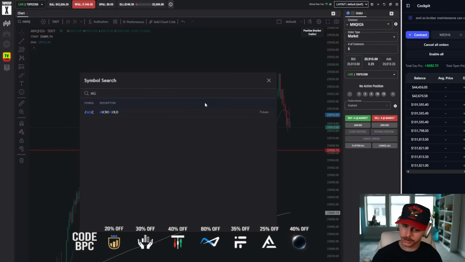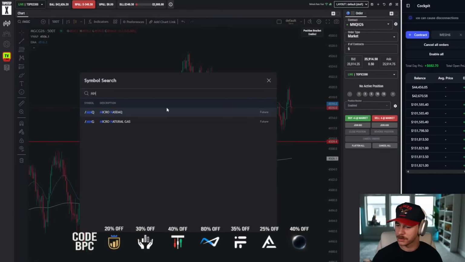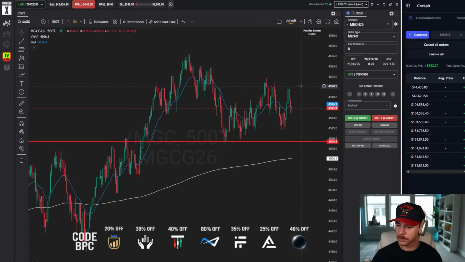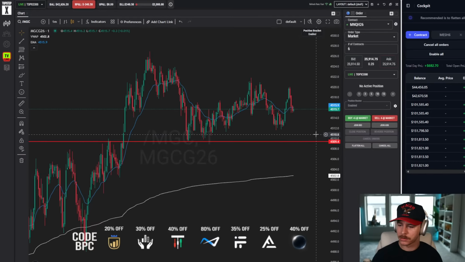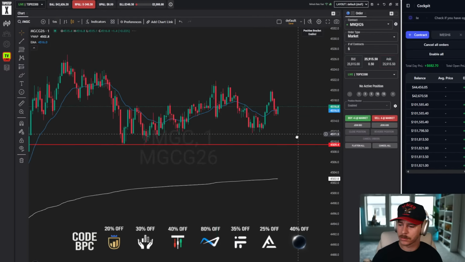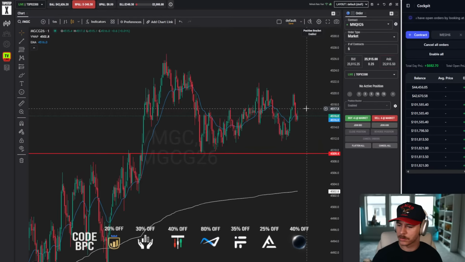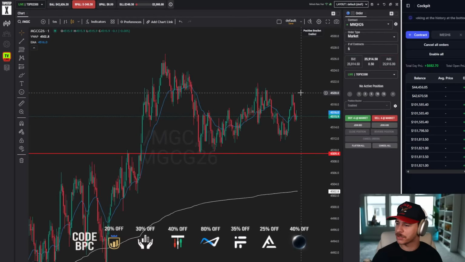Check it on gold, see if it tries to take out 410s or 510s. Not really. I like that rejection on gold from 520s to 515s there.